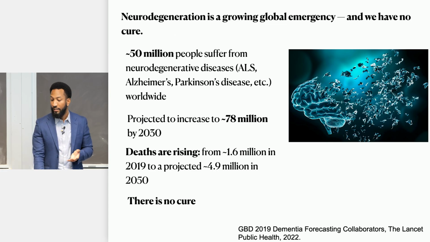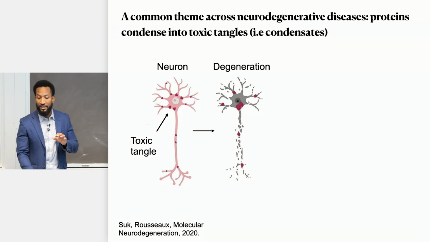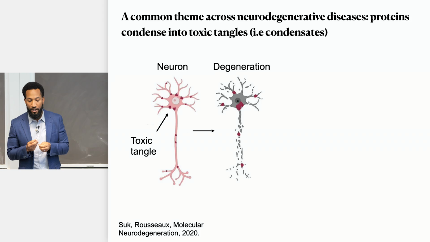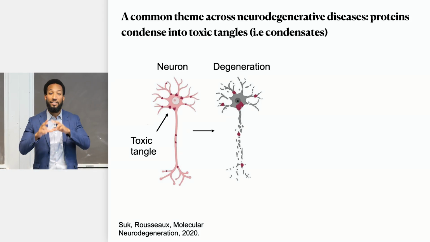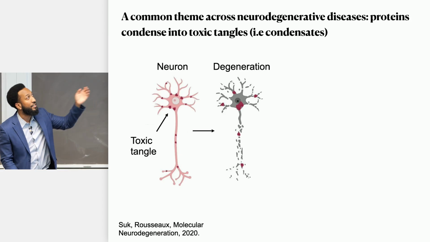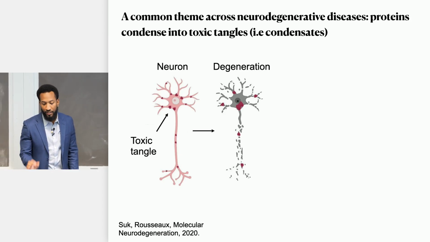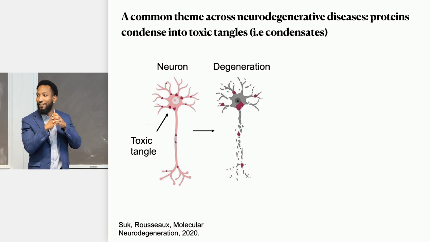And there's no cure. And so it's thought that a common theme across these diseases, such as ALS, which I'll tell you about now, is that they form these, what I'm calling toxic tangles, or these liquid-like droplets in cells. So here's a neuron cell. And if you were to look close to the nucleus, there's these little red droplets, this is a cartoon.